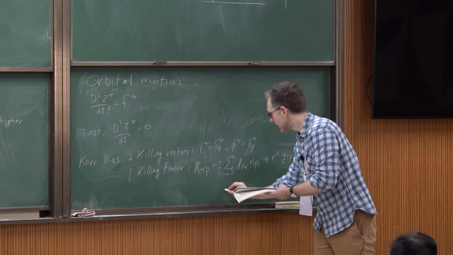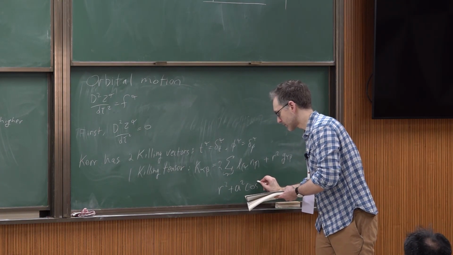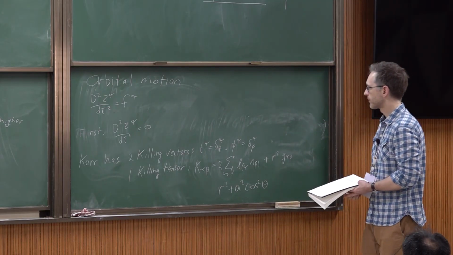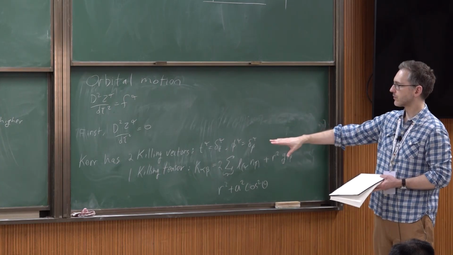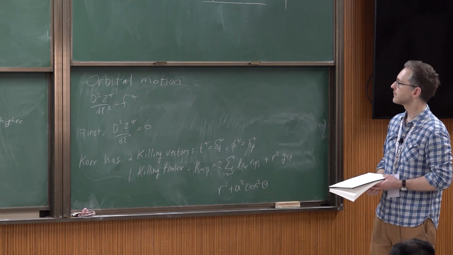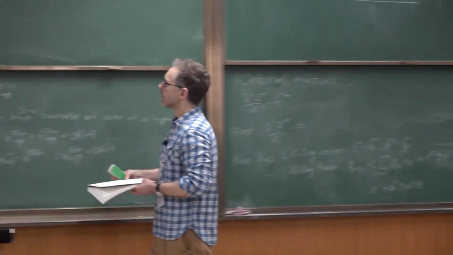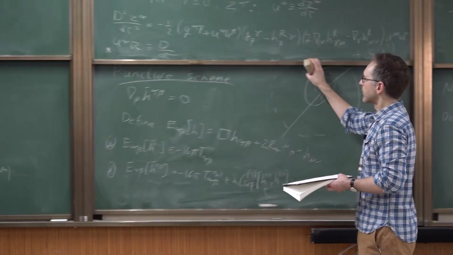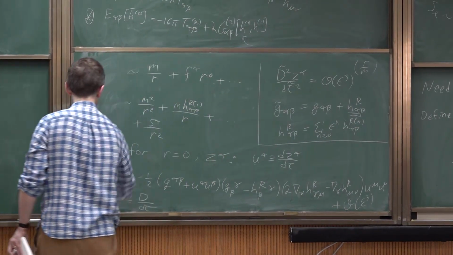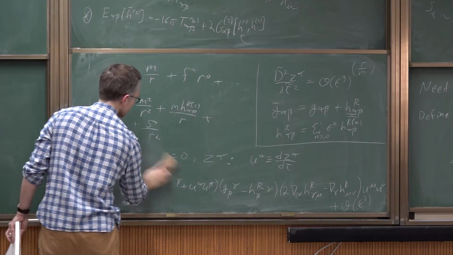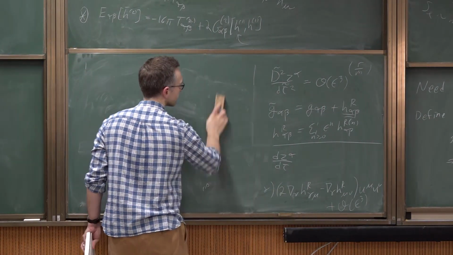Sigma is r squared plus a squared cos squared theta. Okay, so we've got 3 killing quantities. Now, from each one, we're going to get a conserved quantity for a geodesic. It's then going to allow us to easily solve the geodesic equation.